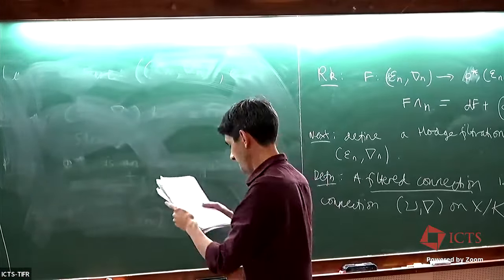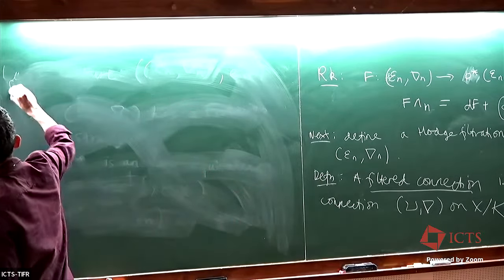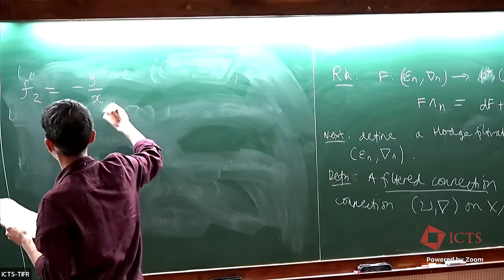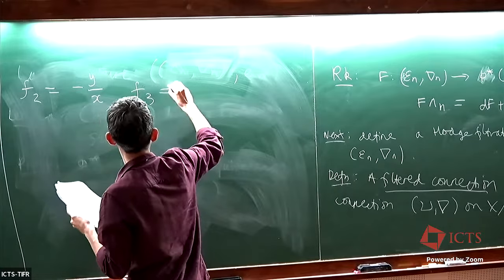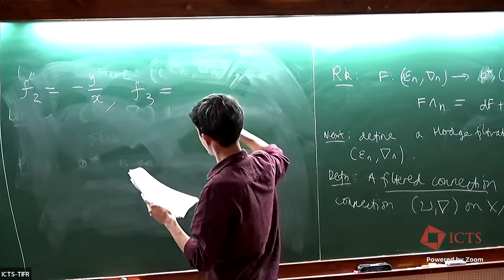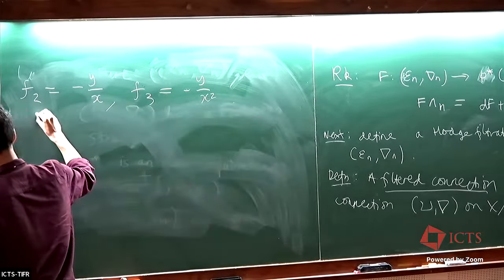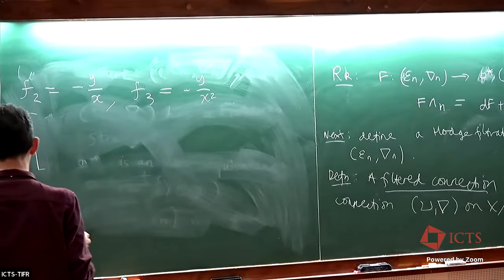Okay, so then what are our charts? Well, I think we more or less did this calculation last time, if I haven't messed it up. We get F2 equals this, and this thing equals minus y over x squared. This is from, I think, the notation we had last time or somewhat similar.